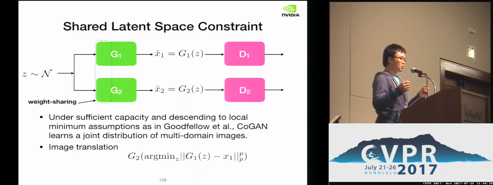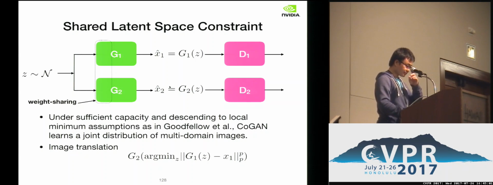And once you have this joint distribution for an input image in the first domain, you can find a latent code Z such that you will be able to generate an image that looks like this input image. And once you have this latent code Z, then you can apply the generator from the second domain to generate a corresponding image. So this is another way you can do unsupervised image-to-image translation.